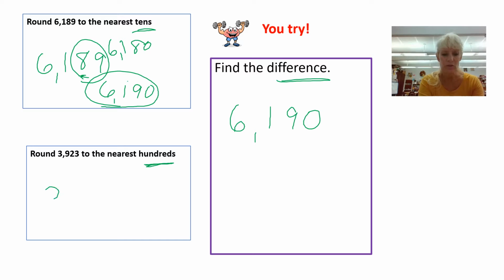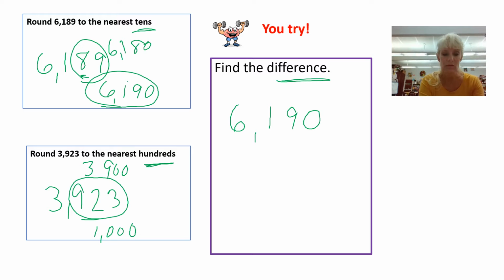This one right here, 3,923. We were going to the nearest hundreds, so I'm going to just go ahead and circle that because that's what I'm concentrating on. I need to know, is this going to be closer to 900 or closest to 1,000? I can't forget my 3 here.